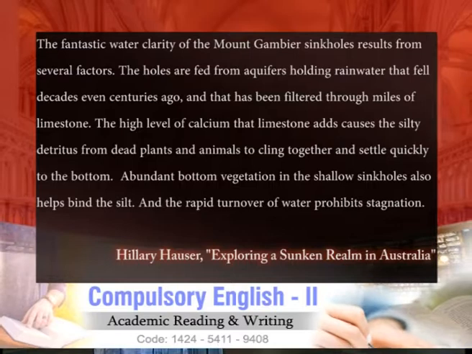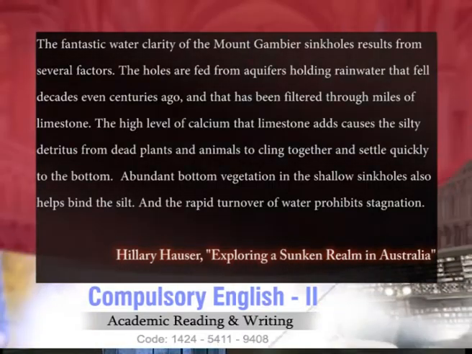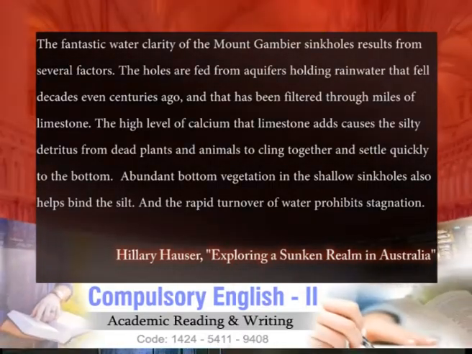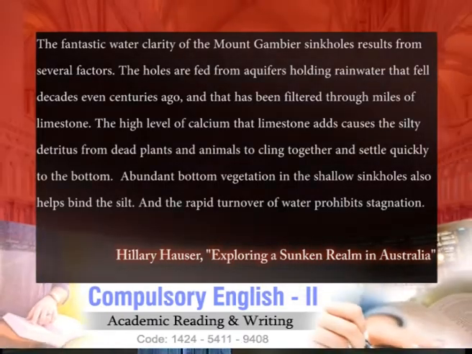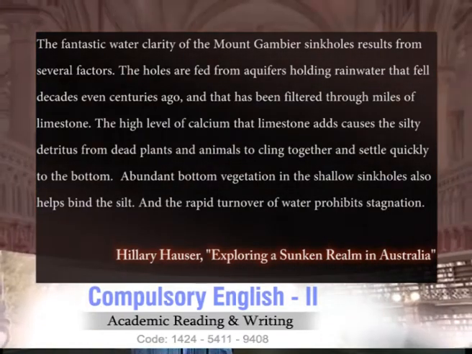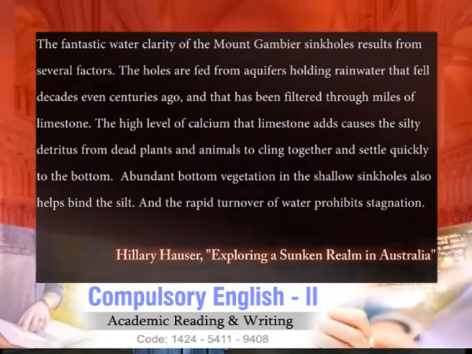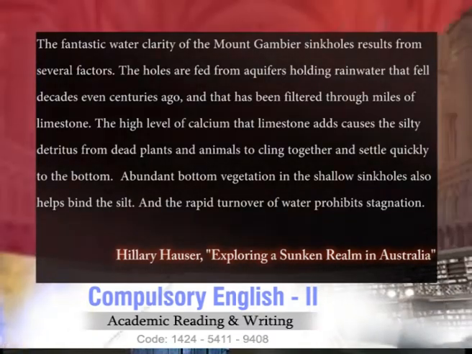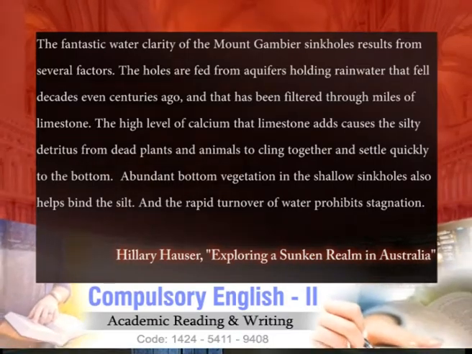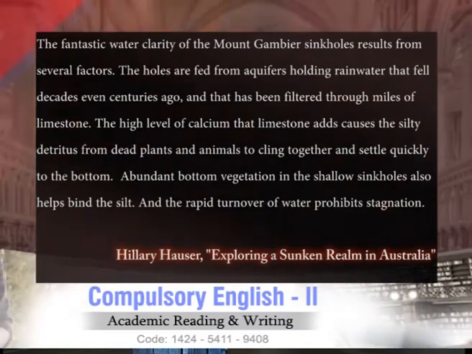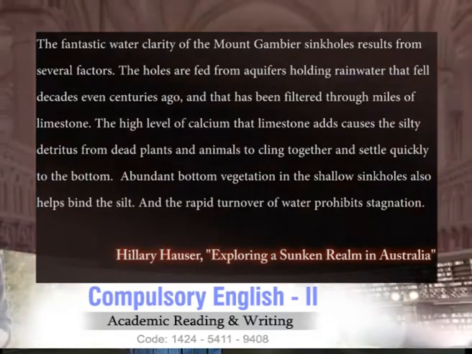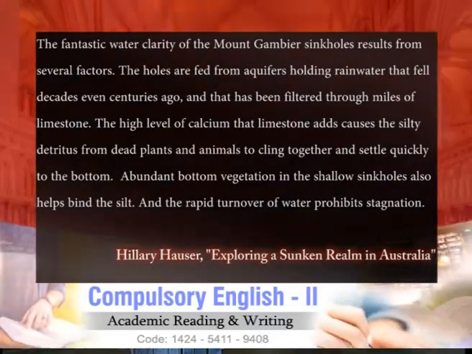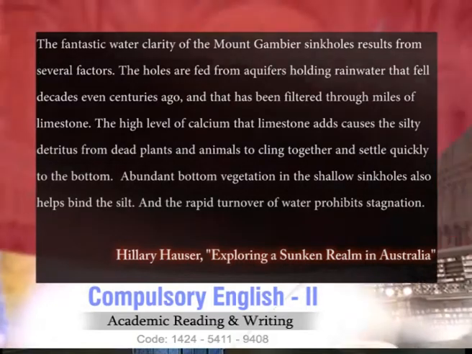If you look at your screen, you find an example of a cause and effect paragraph. This is by Hilary Hosser. The fantastic water clarity of the Mount Gambier sinkholes results from several factors. The holes are fed with aquifers holding rainwater that fell decades, even centuries ago, and that has been filtered through miles of limestone.